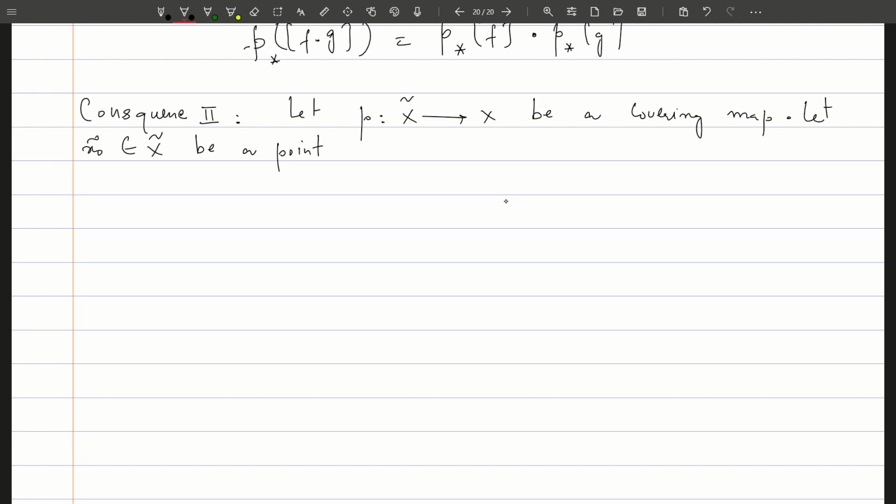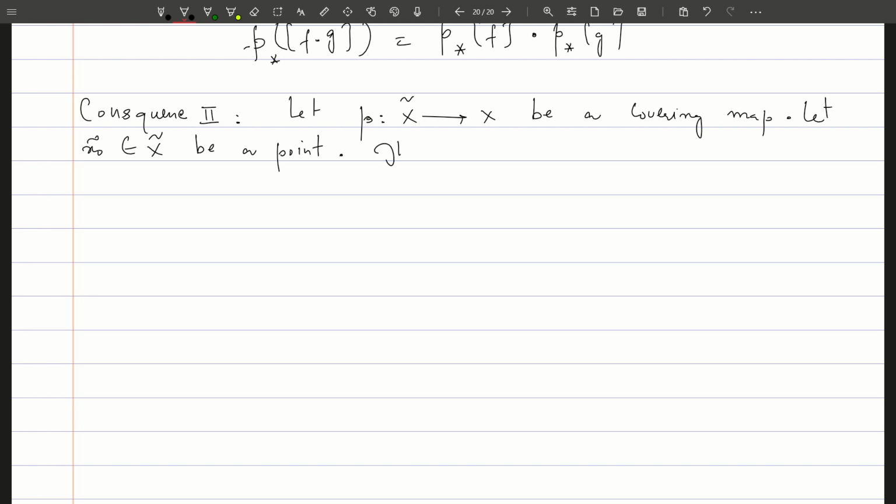So now this P being continuous, this will induce a homomorphism between the fundamental groups of X tilde and X based at X naught tilde and P of X naught tilde respectively.